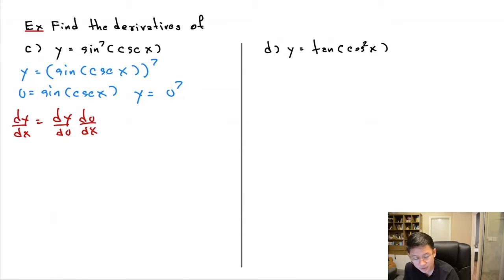dy by du is pretty simple. dy by du is 7u to the power of 6, right? But du by dx is not straightforward. I'll just leave it there for now.